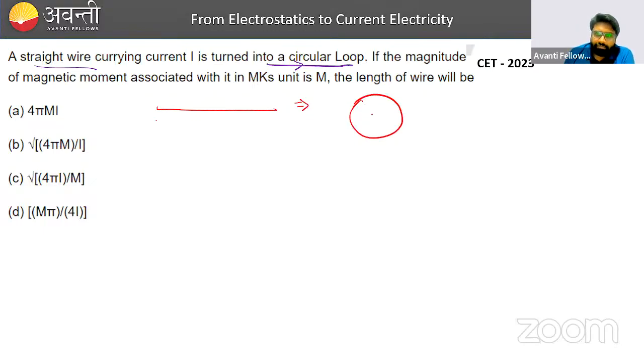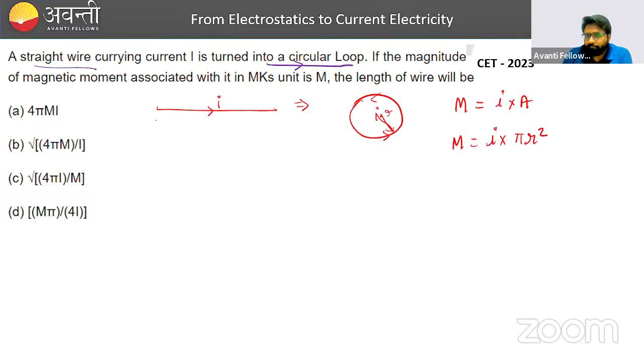Now we know the formula, let's say current is flowing in this way. Magnetic moment is given by M, which is nothing but I into the area of the loop. Clear? So M we can write as I into pi small r square. Let's say the radius of the loop is small r.